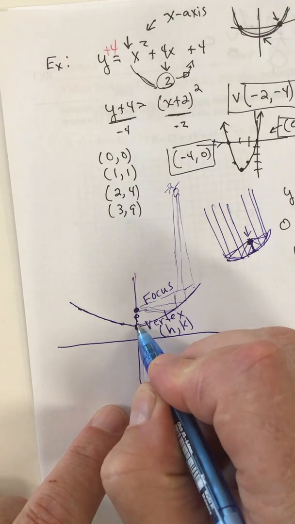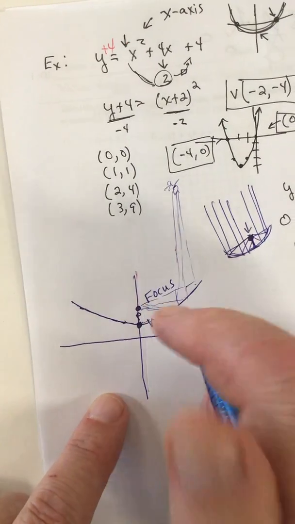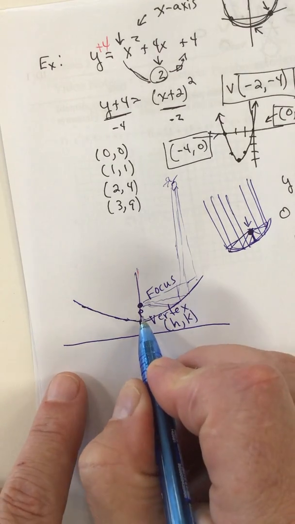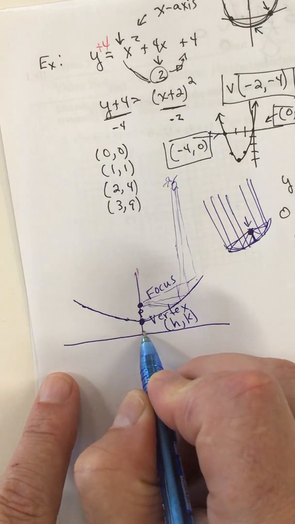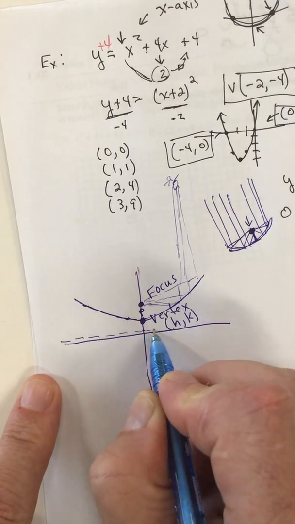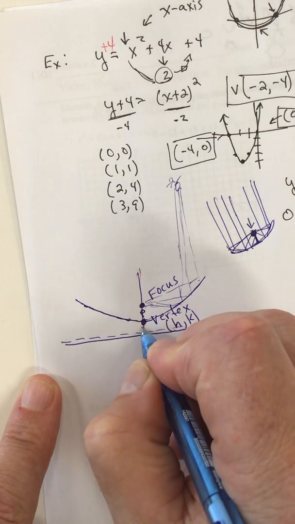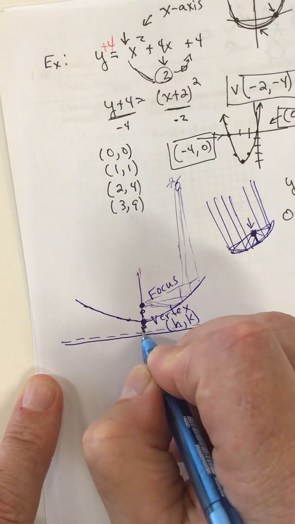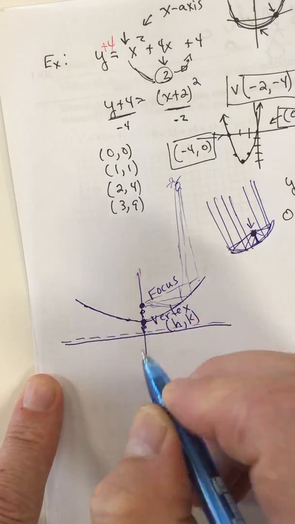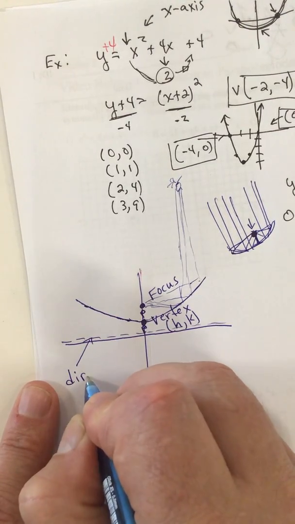So from the vertex up to the focus is a distance p, and then there's that same distance, let's say it's right here. There's a little straight line that goes across there. If from the vertex up to the focus is p, the vertex down to this line is also p, so those two distances are the same, and that dashed line is called the directrix.